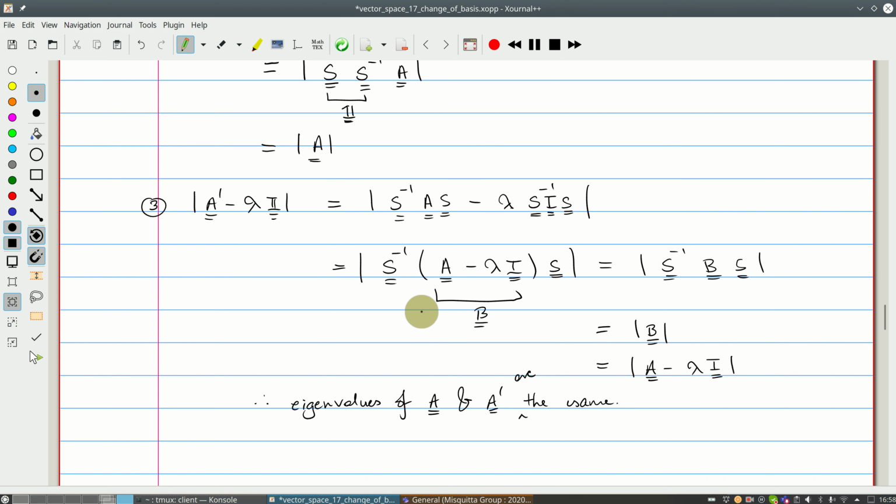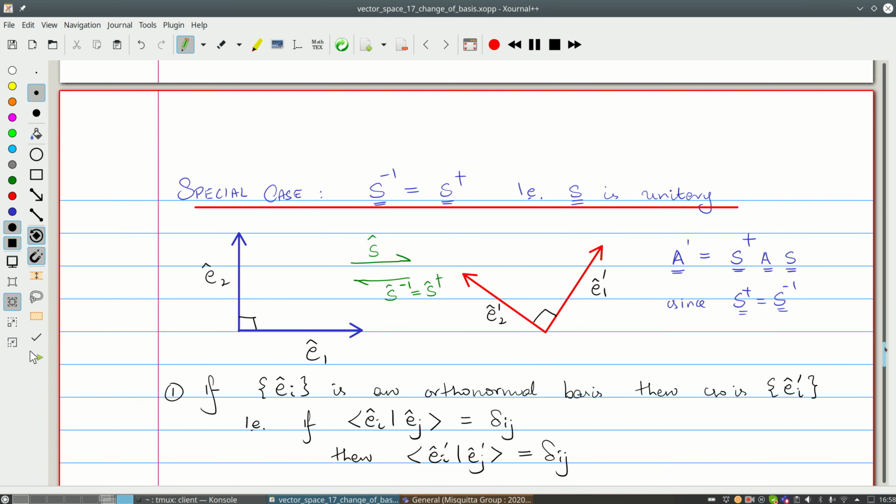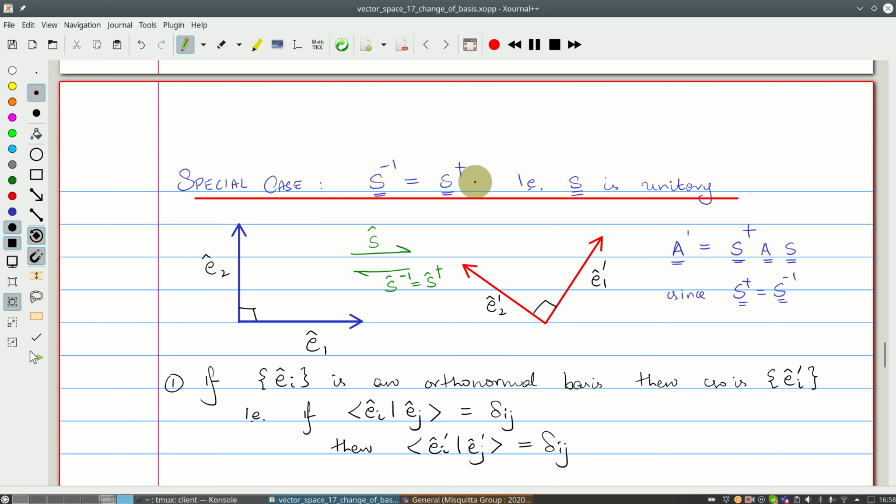All right, good. Now we are nearly at the end of this recording. The last thing I want to talk to you about is a special case. The case when S is unitary. That means S inverse is equal to S dagger. Dagger is the Hermitian conjugate, or the adjoint.